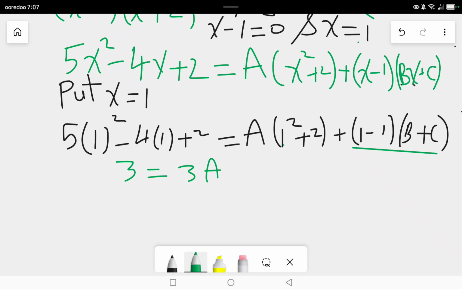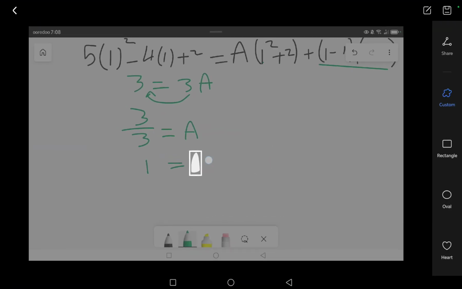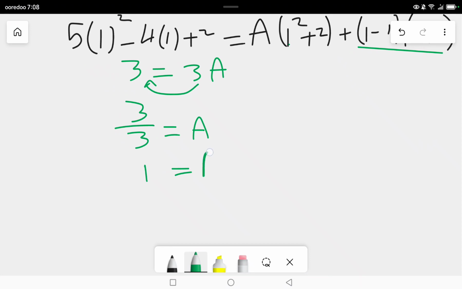So 3 is multiplying a, when it goes there it will divide. a equals 3 divided by 3, which equals 1. So a equals 1. This is the first answer.